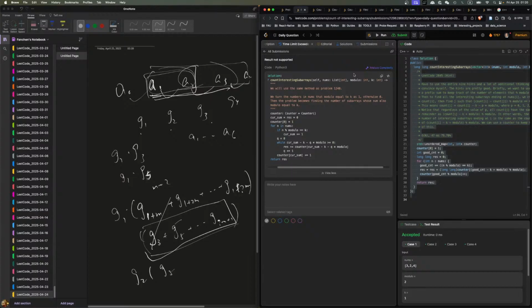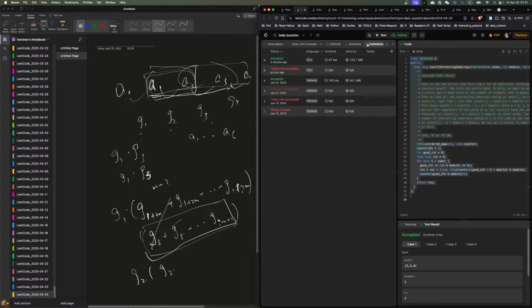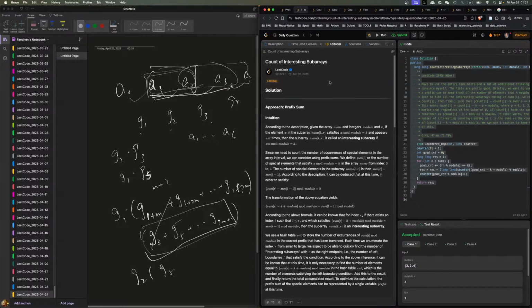So we have a prefix sum, and we need to do that minus something. Then the result is good. Then we just need to know how many in the past has a value that's good for us, and in order to eliminate repeated, we use another round of modulo. Yeah, I think that makes more sense now. I think it's pretty darn hard.